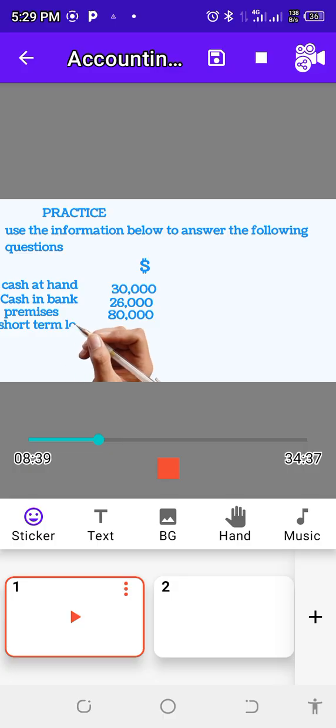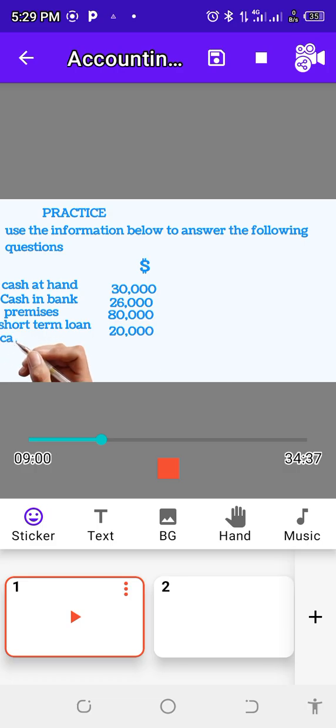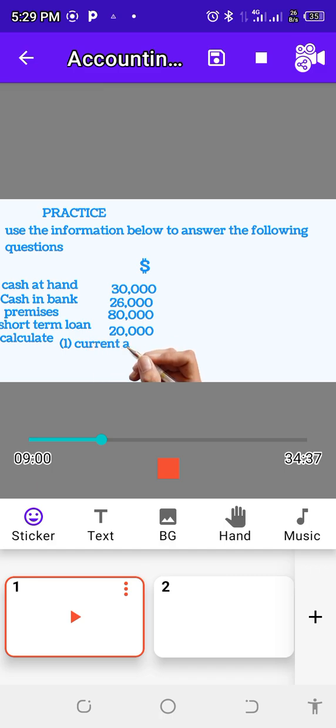Short-term loan is $20,000. Calculate: 1. Current assets. 2. Calculate non-current assets. 3. Calculate the current liability.